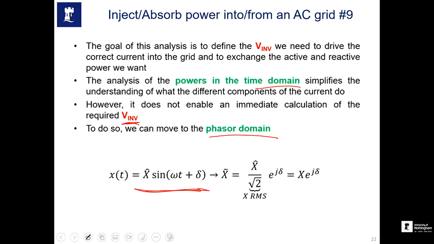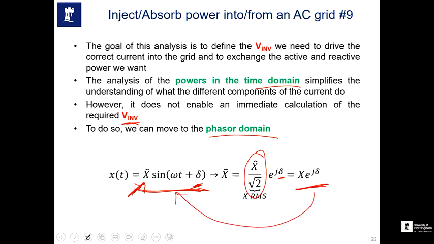If this is the peak of the sinusoid, and we divide it by square root of 2, that will give us the RMS, which is here, and for the phase angle we can use e to the power j delta. This is basically the phasor representation of this sinusoidal signal.